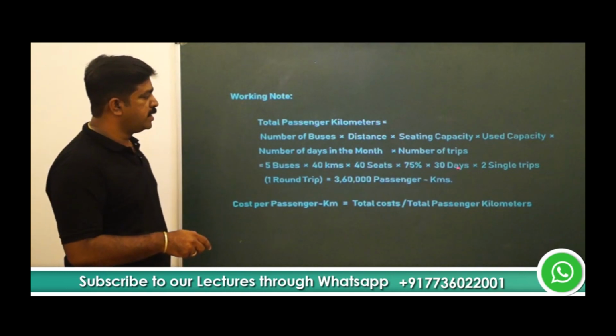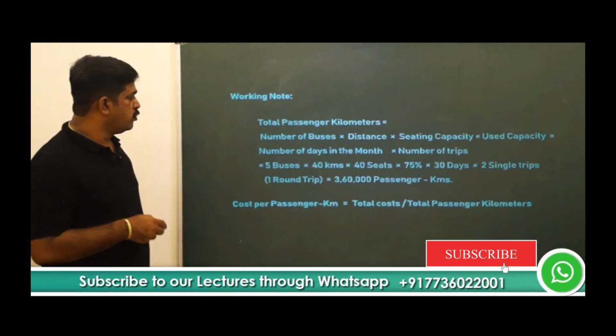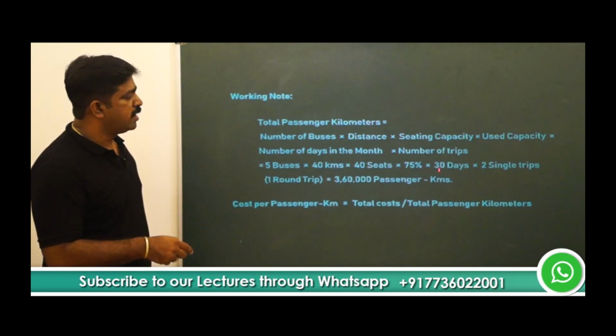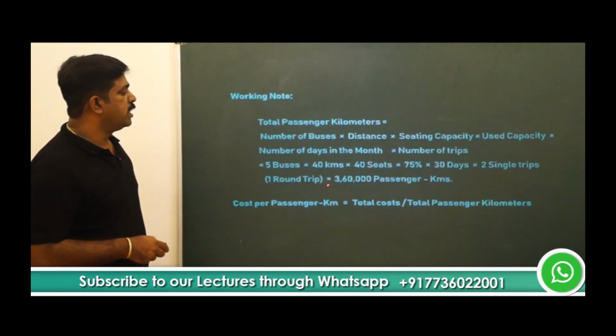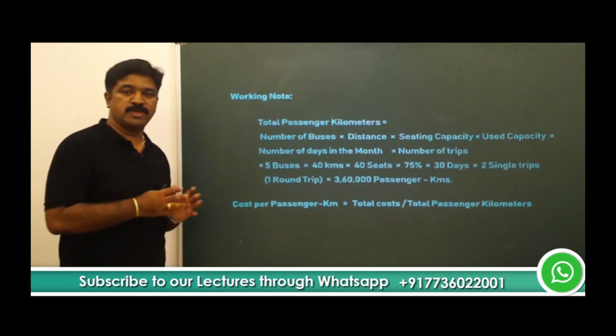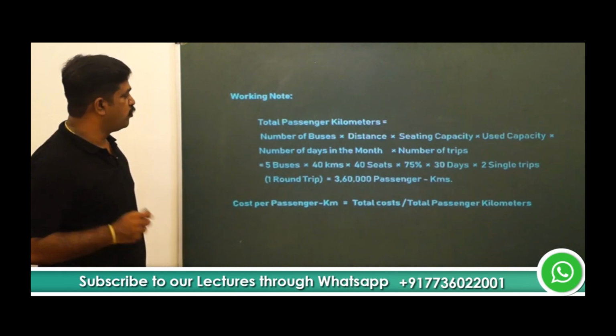So multiply by 30 days and multiply by number of trips, which is 2 single trips, 40, 40, 80. So it is 5 into 40 into 40 into 75% into 30 into 2. It makes 3,60,000 passenger kilometers. Very, very critical computation. It is 3,60,000 passenger kilometers.